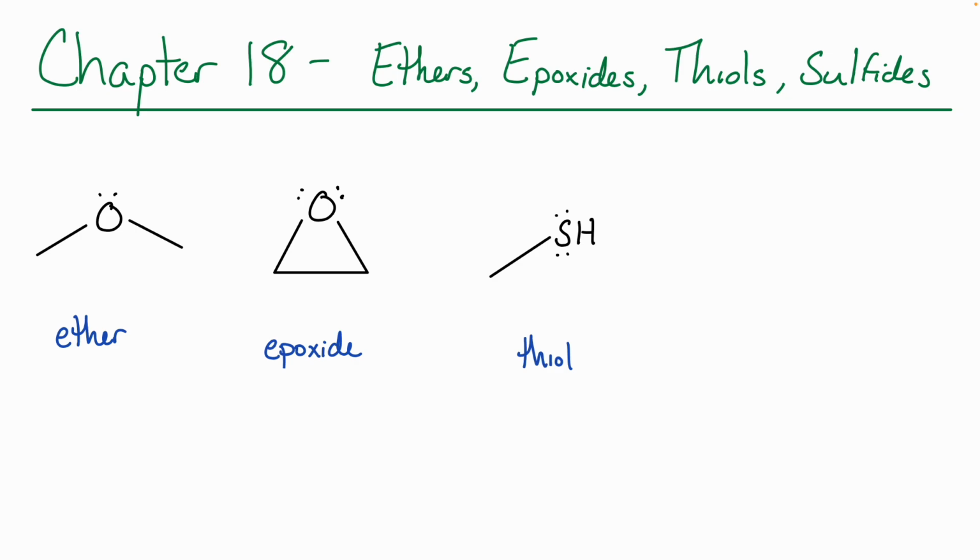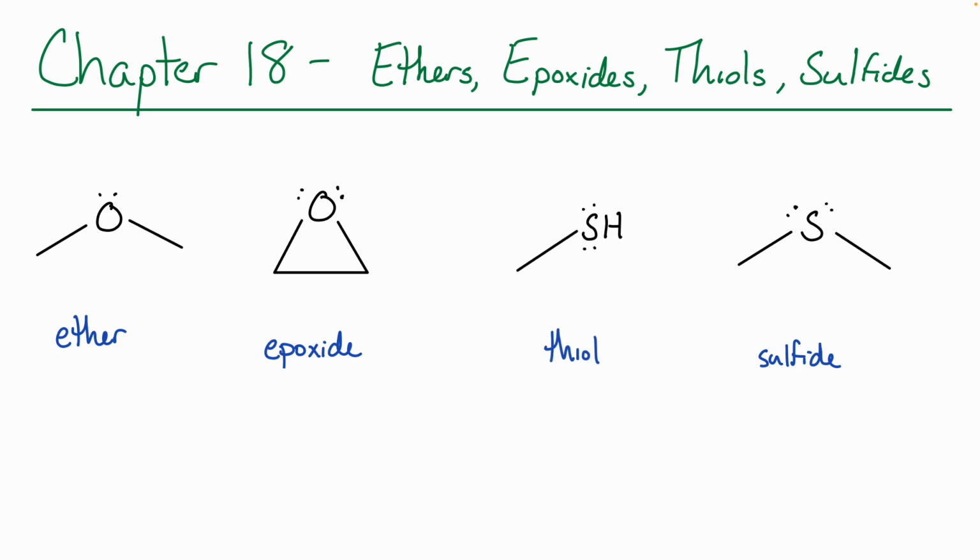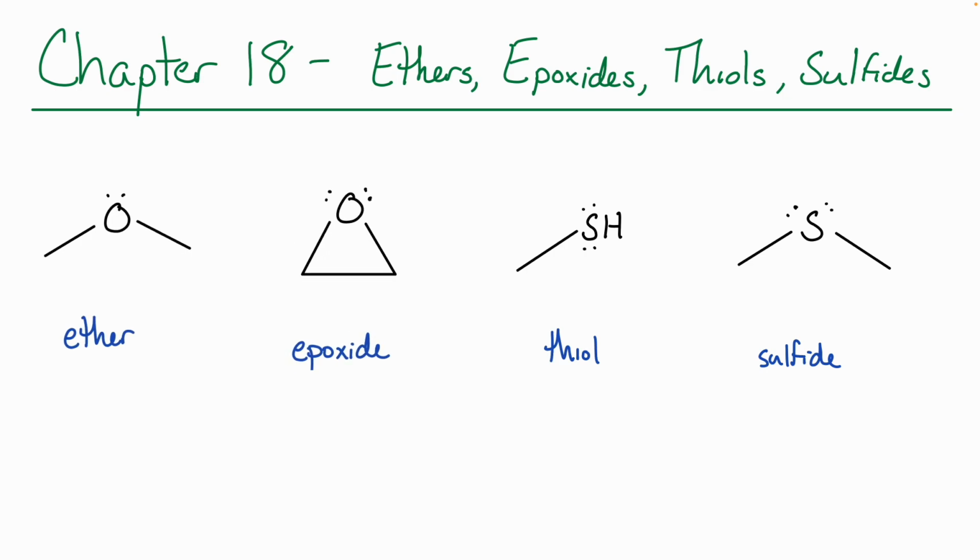And then the last one, a sulfide. If a thiol is analogous to an alcohol, a sulfide is analogous to an ether. This is where we have our sulfur not with an SH group, but sandwiched between two carbons. Cool.